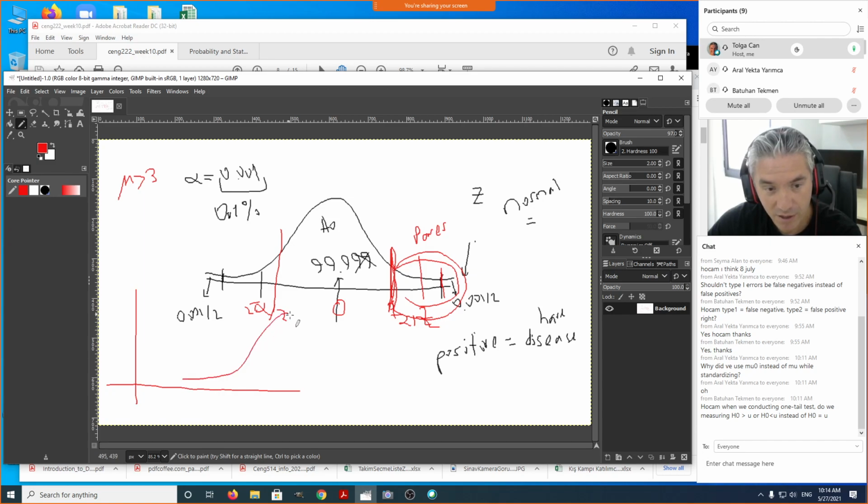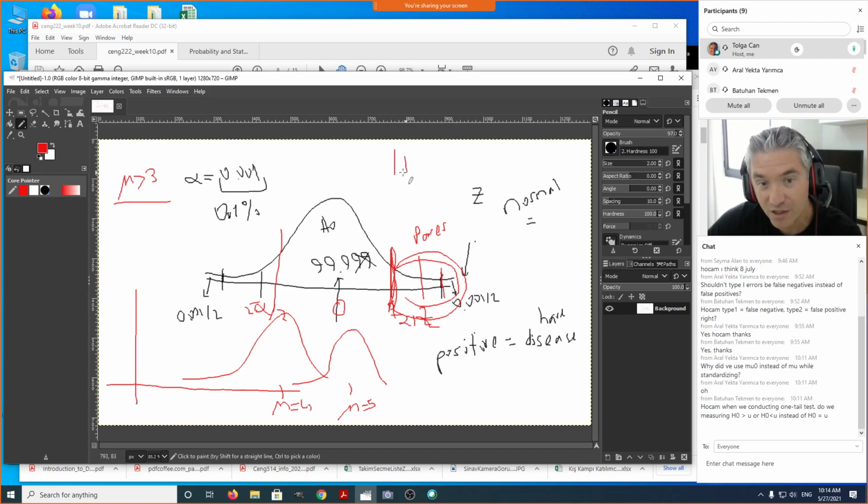Can you draw a normal at mu equal to 4? Or is this the null distribution? Or is this the null distribution? There will be infinitely many null distributions if you write your null distribution like this. You will not be able to have a specific distribution.